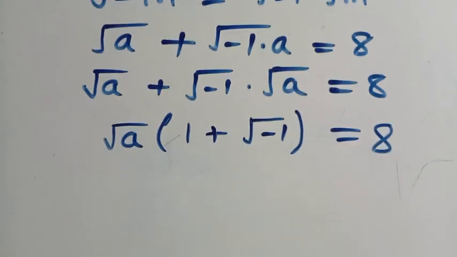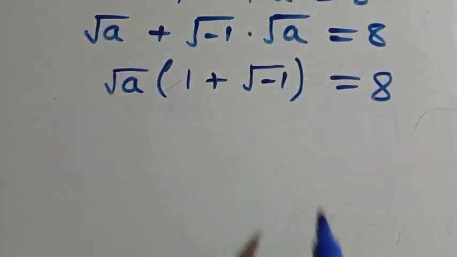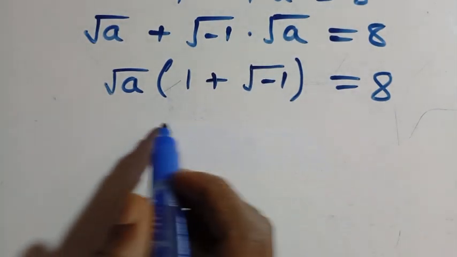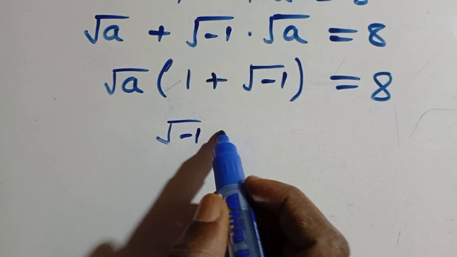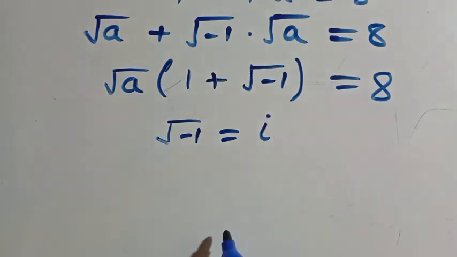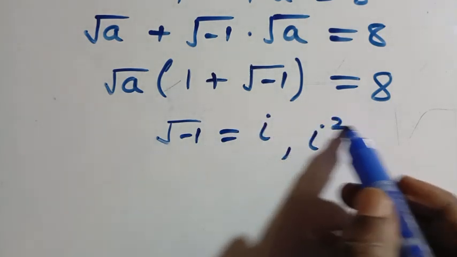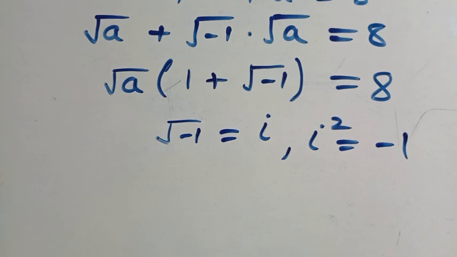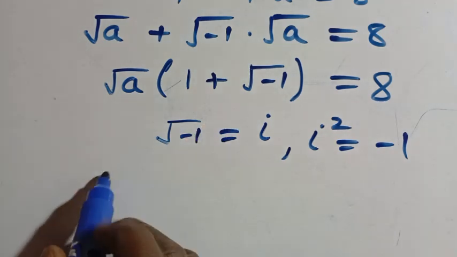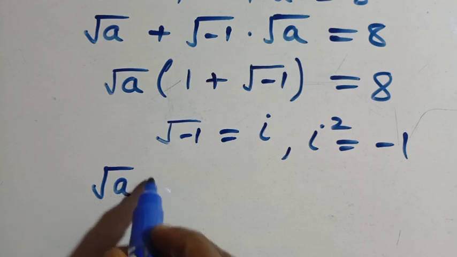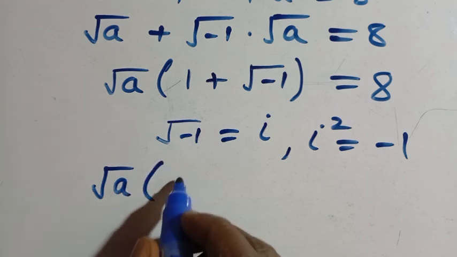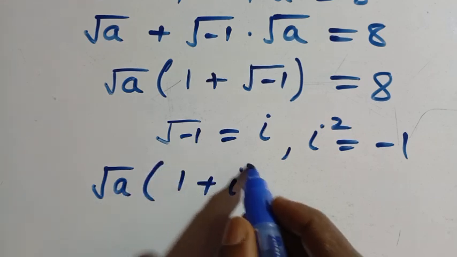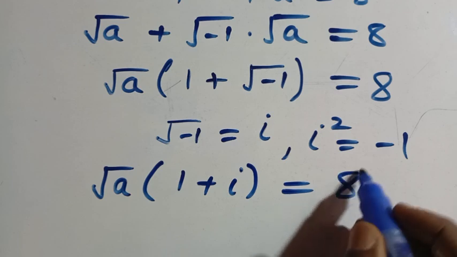And we have to note that square root of minus 1 is given as i, because i squared equals minus 1. So when we change this, we have square root of a into bracket 1 plus i equals 8.